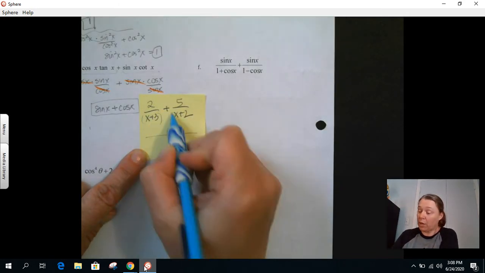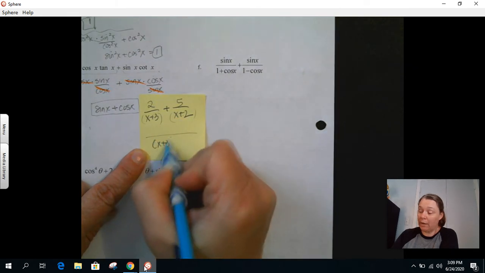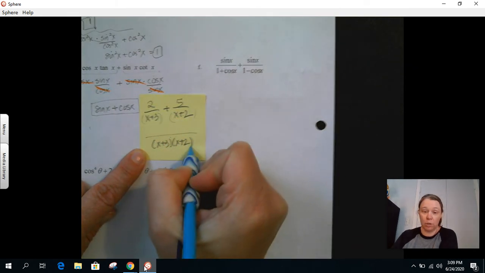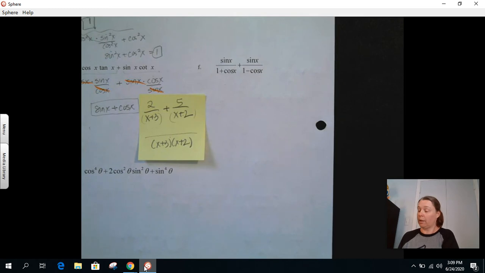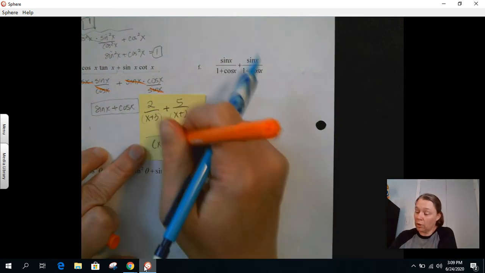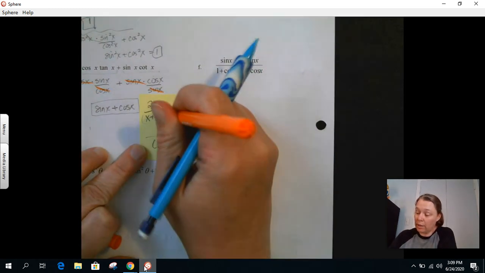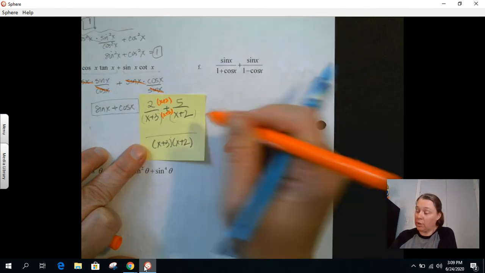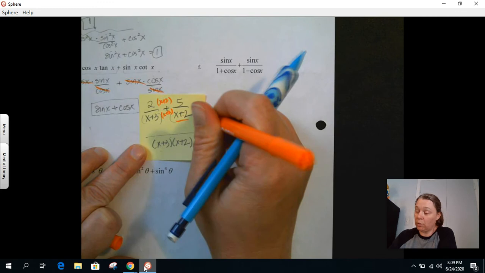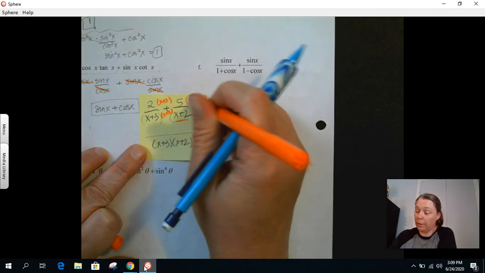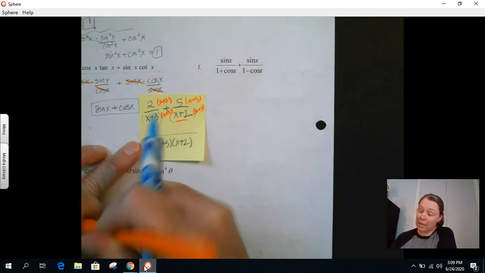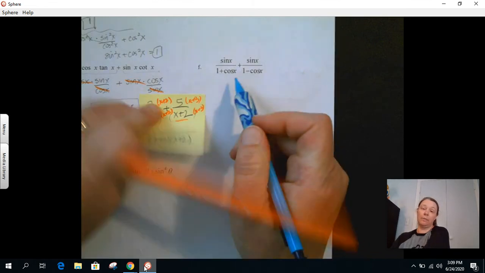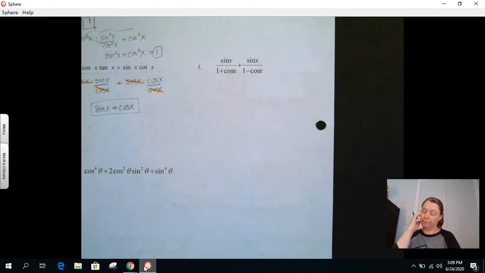If you have expressions, you would just say your common denominator is x plus 3 times x plus 2. Then to turn this denominator into this one, I have to multiply top and bottom by x plus 2. And to turn this denominator into this, I'd multiply top and bottom by x plus 3. Same idea we're going to use here, except with trig functions.